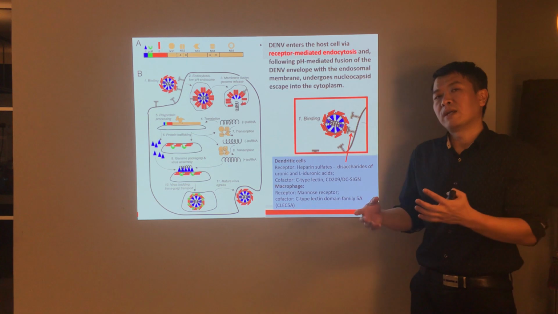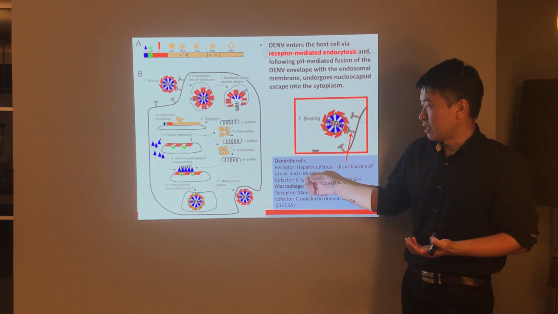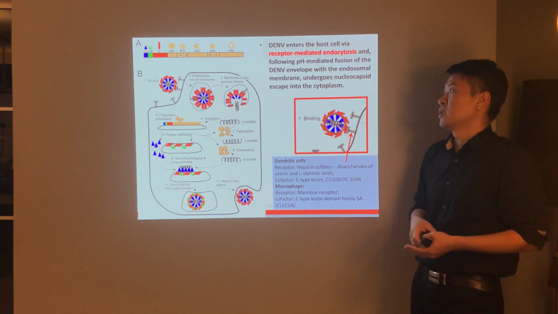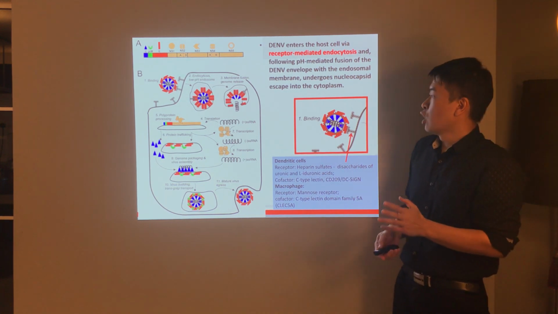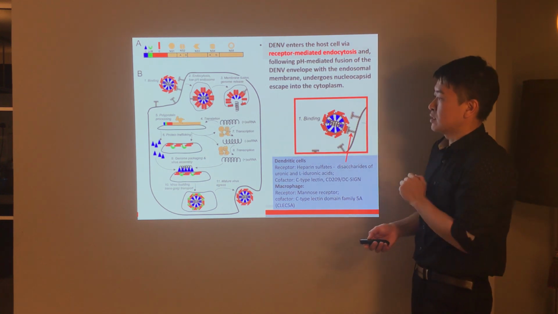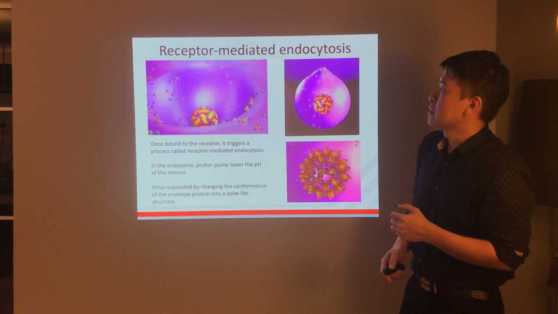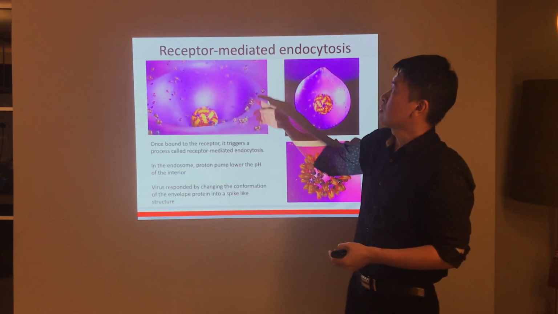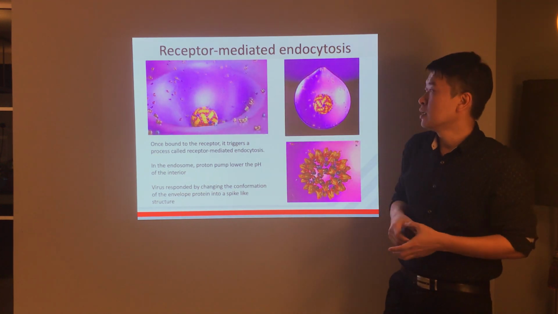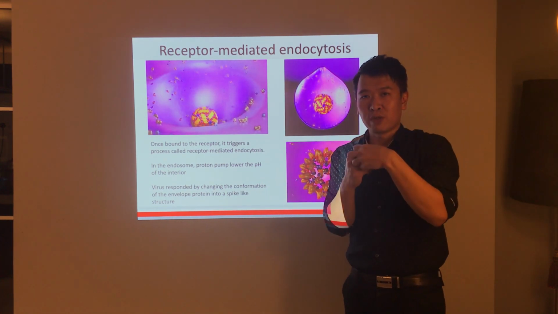So to make your life easy, just remember the cofactor for both of them is C-type lectin, and for dendritic cells the receptor is heparan sulfate, and for macrophages it is the mannose receptor. So when the virus envelope domain 3 binds to the receptors together with the cofactors, it will induce a process called receptor-mediated endocytosis.